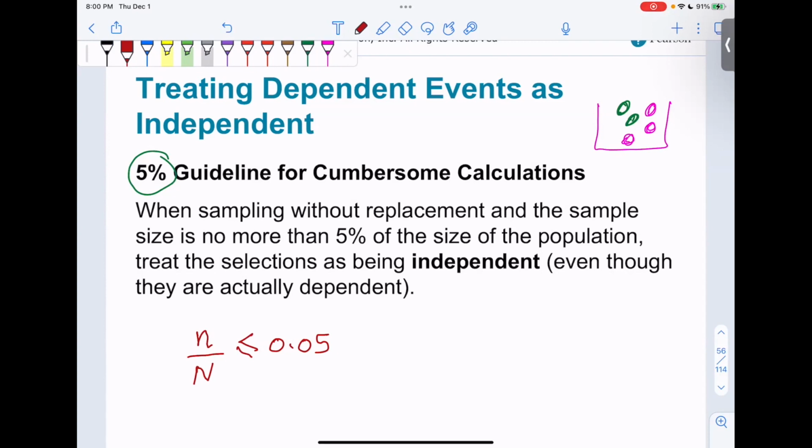Do you remember the example when we picked three adults from the United States and checked if they smoke or not? We chose just three out of, let's say, 20,000. The sample size in this case equals 3, and with 20,000, this value will be for sure less than 0.05. That means what?